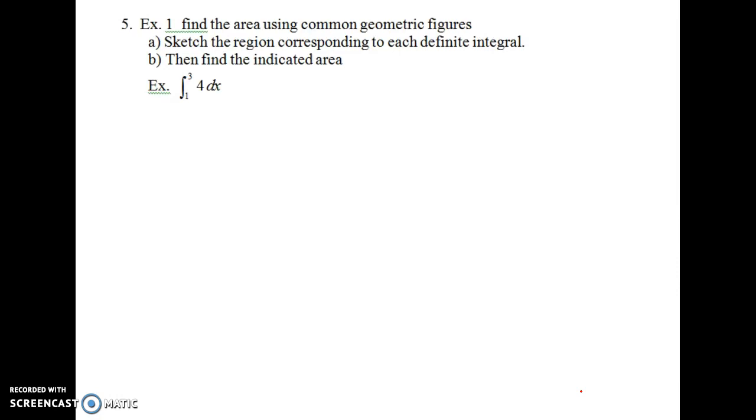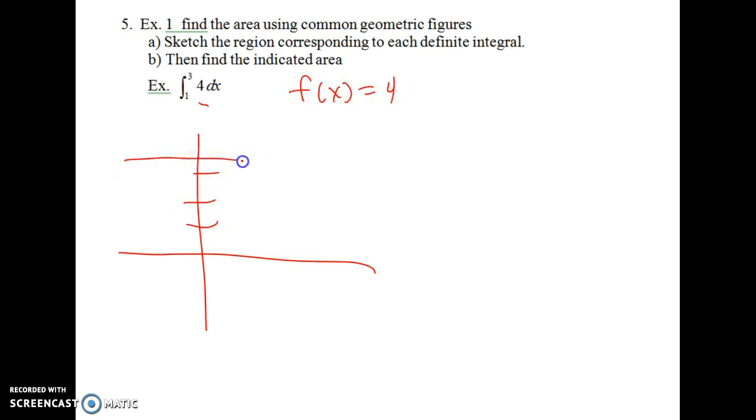We want to find the area from 1 to 3 under the curve of 4. Well, let's sketch what 4 looks like. If I draw a pair of axes, the graph of f of x equals 4 is just a straight line. 1, 2, 3, 4. Okay? So there's 4. We want to find the area under this line from unit 1 to unit 3.